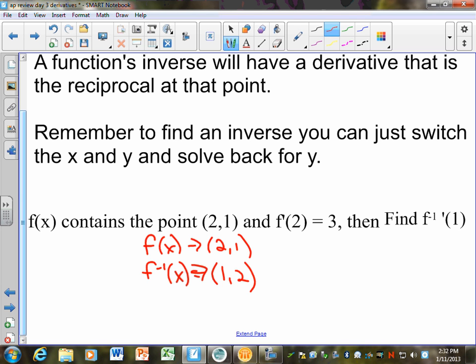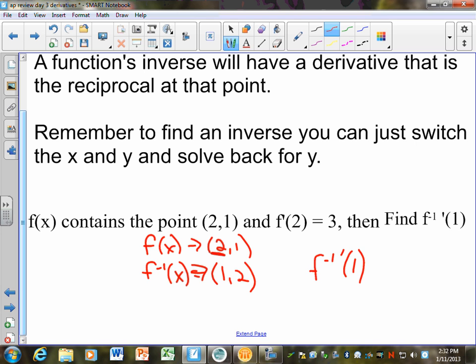Right? The domain and the range switch. So when they ask us to find the derivative of the inverse at 1, it's going to correspond back to the derivative of the original function at 2.